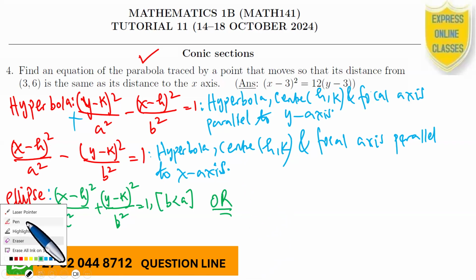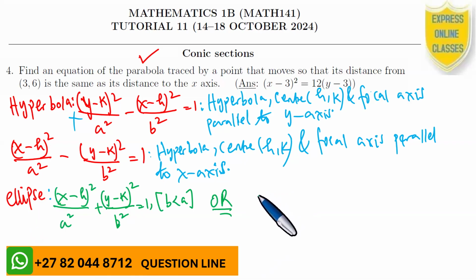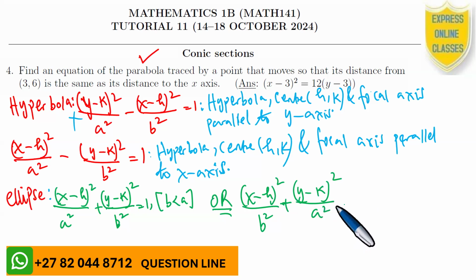It is the same thing, but according to the textbook, we start with x, and the x can be divided by b squared. This is systematic so that you have a way to remember. Then you have y minus k, you square this, you divide by a squared equals 1. This is always b less than a. So the a is always the biggest. With the ellipse, it's always b less than a.